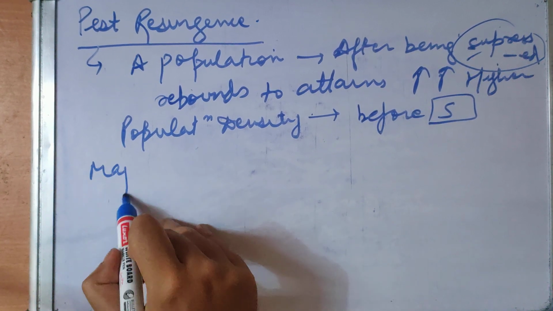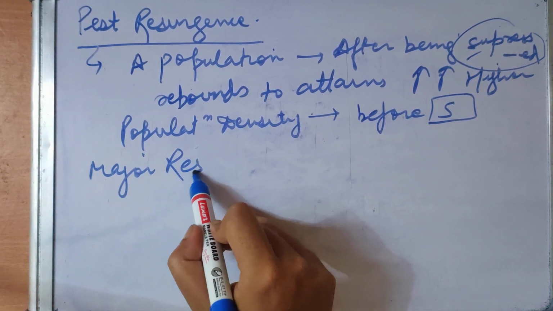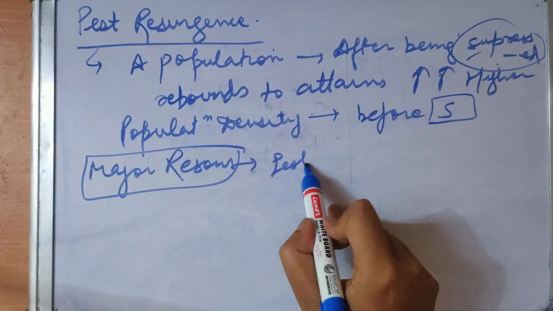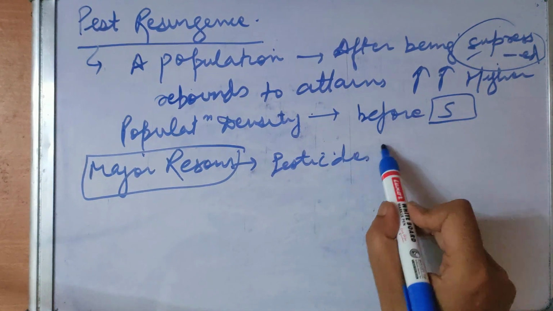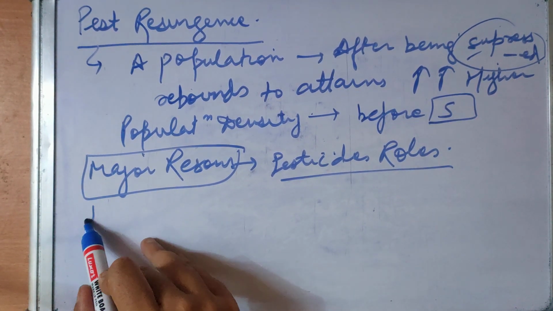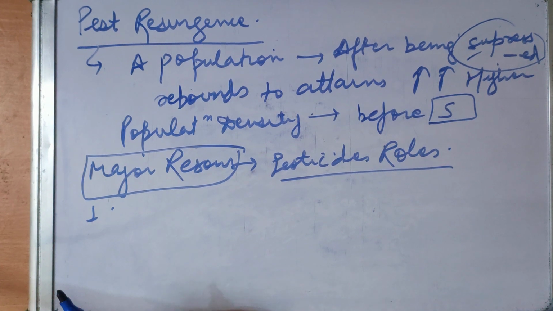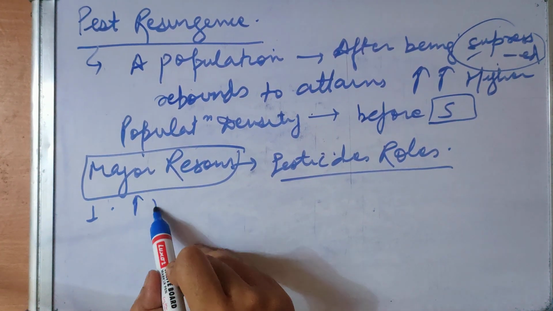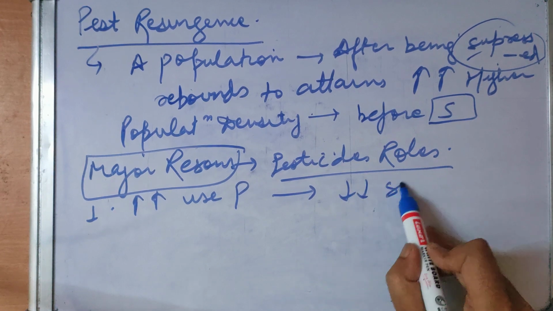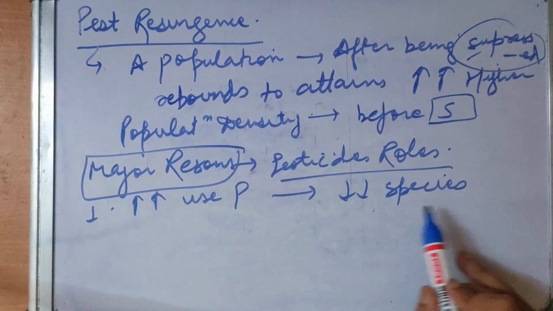So how does it happen? Its major reasons. Mainly it happens due to pesticide use. Pesticide use has been a greater factor, such as indiscriminate use of pesticides, high use of pesticides. This leads to reduction in species diversity, and sometimes many predators also die.